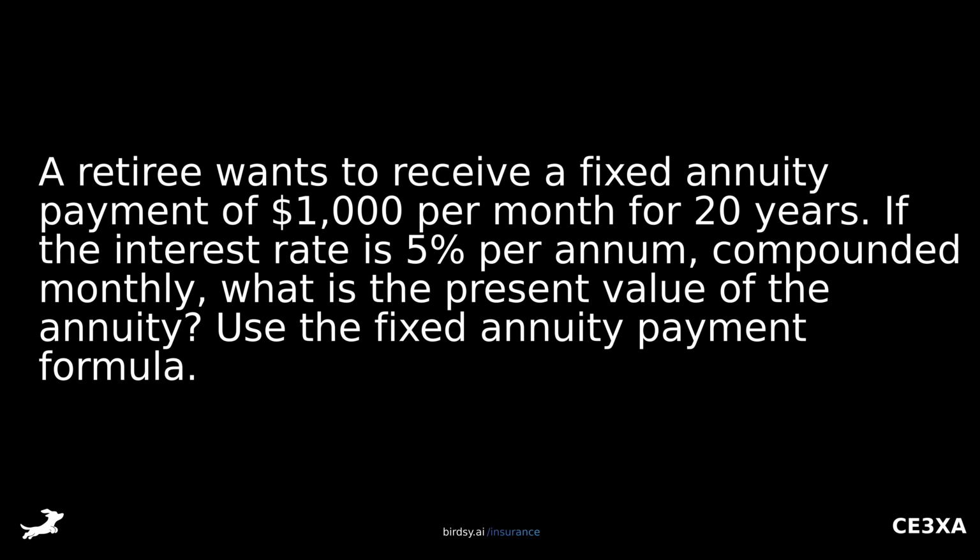A retiree wants to receive a fixed annuity payment of $1,000 per month for 20 years. If the interest rate is 5% per annum, compounded monthly, what is the present value of the annuity? Use the fixed annuity payment formula.